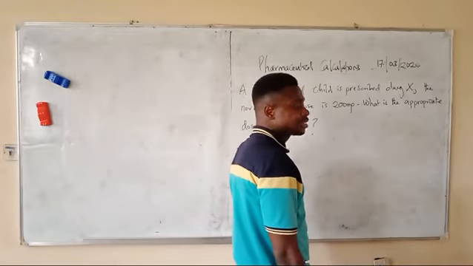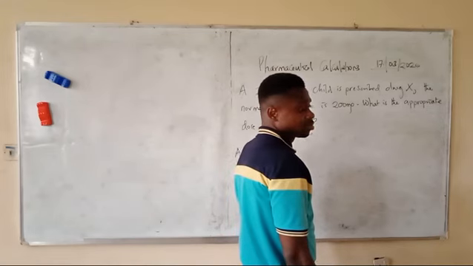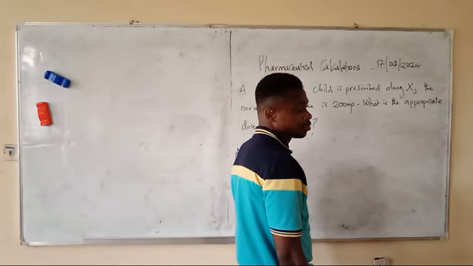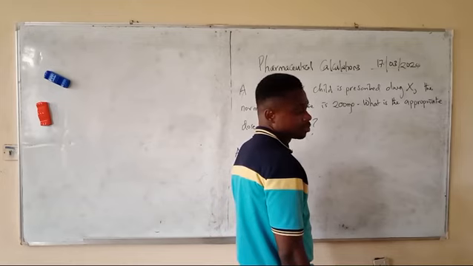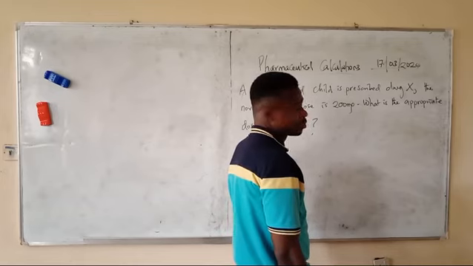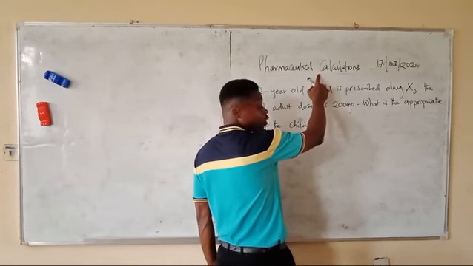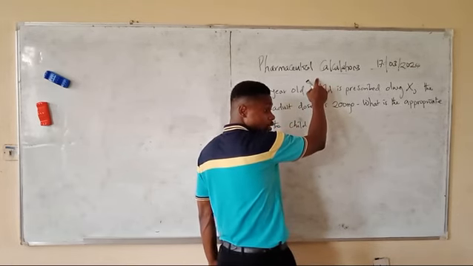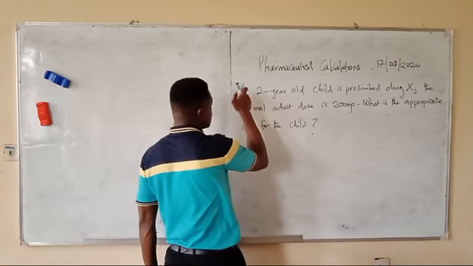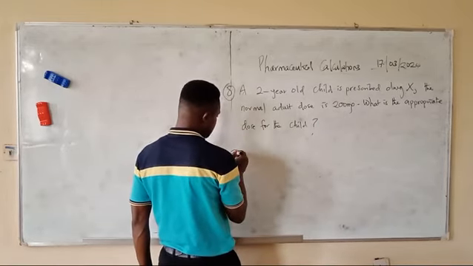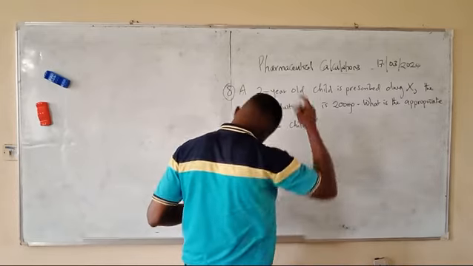Let me know. 2, 3. I want to number them serially. 5, 6, 7. This is the 8. This one is 8.1. So this is number 8. So number 9. Are you sure? Yes. Okay.